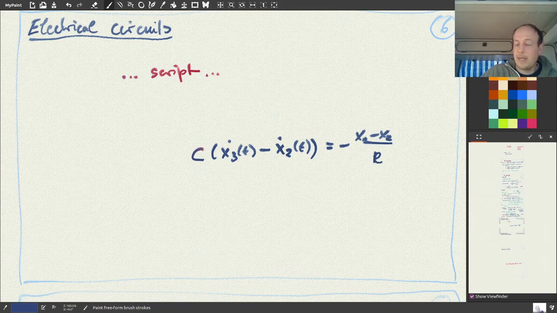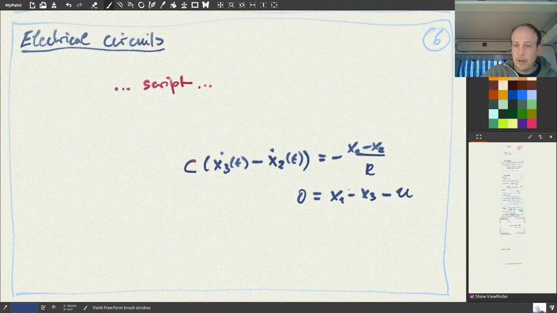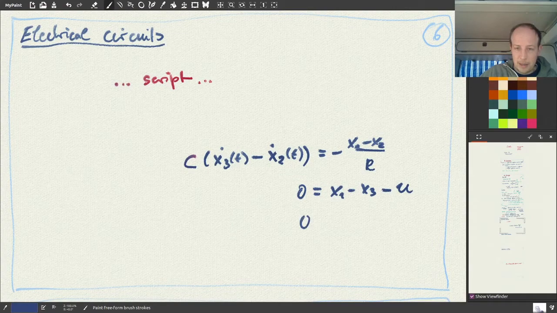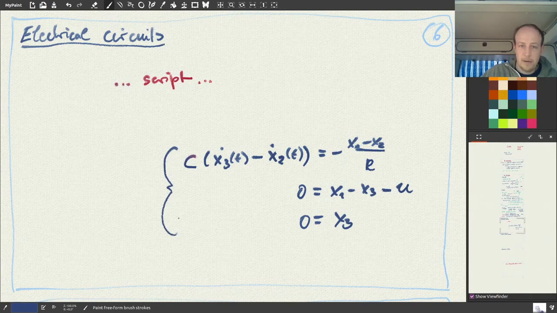C and r are constants that describe this electrical circuit. x1 minus x3 minus u is one equation. That's basically Kirchhoff's law of nodes. And here this is the grounding. This is the model of such a circuit.